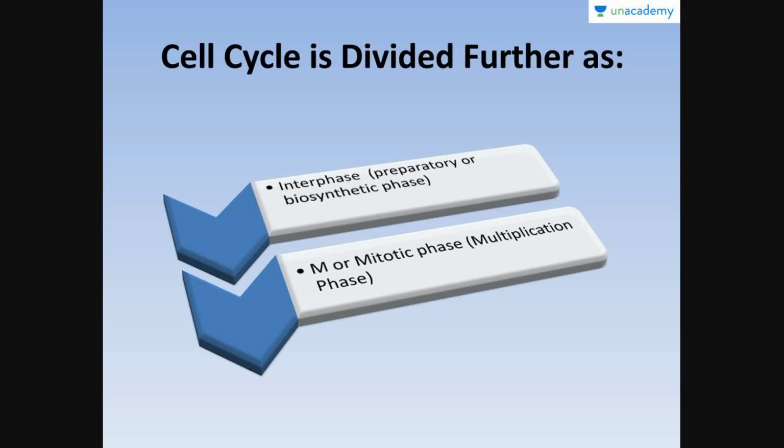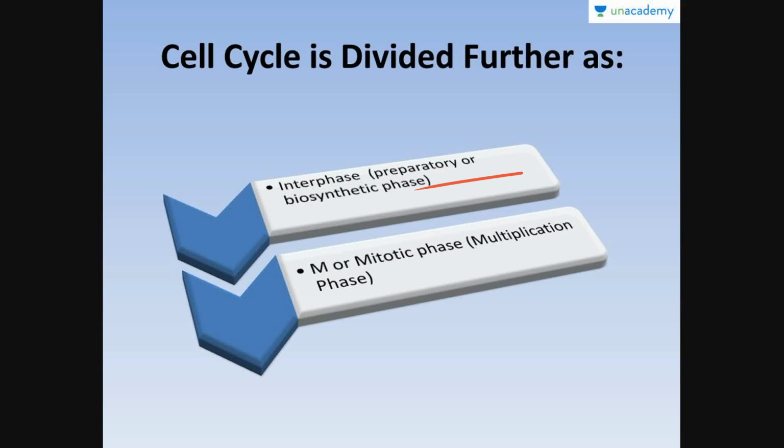There are basically two phases, the interphase and the M phase or the mitotic phase. Now we call interphase as a preparatory phase. There is a reason for doing so. Preparatory phase is because here preparation for the process of cell division is occurring. Here no actual cell division is happening, but the preparation is done by the cell in order to start the cell division.